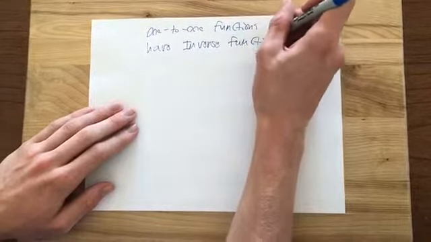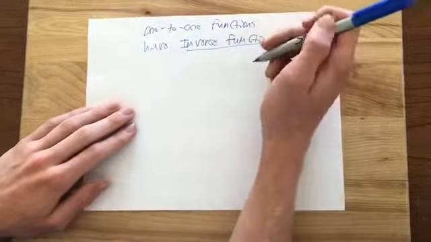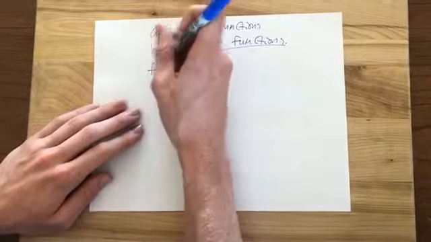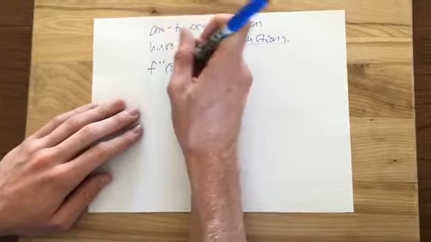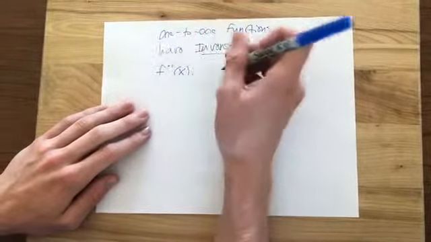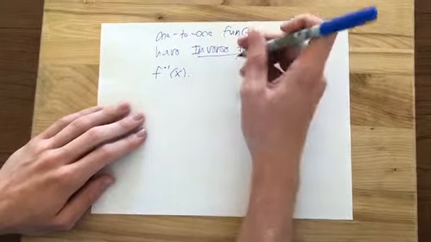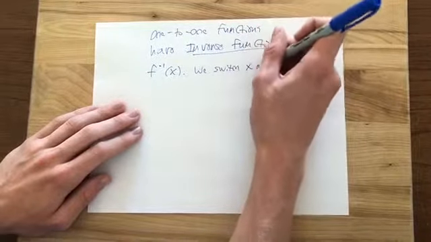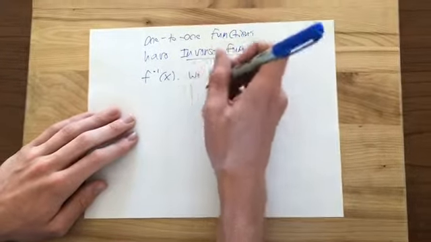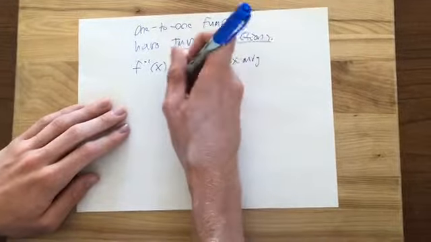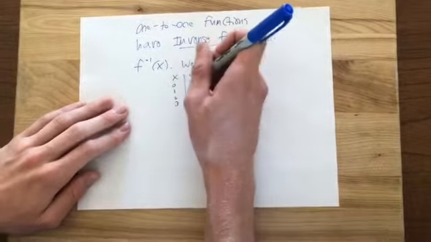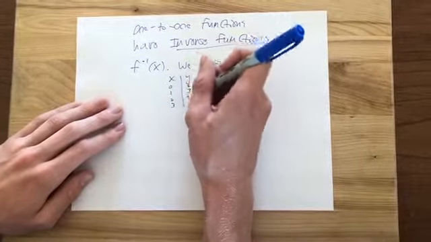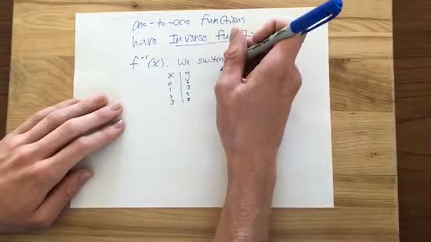And so that's why we want to find if functions are one-to-one, because inverse functions are of the form f negative 1 of x, and that's not a negative 1 power. It's just a notation that we use to denote the inverse of f of x, which is f negative 1 of x. For an inverse function, you have x and y. This is just for a regular f of x function: 0, 1, 2, 3, and then maybe 2, 3, 4, 5.